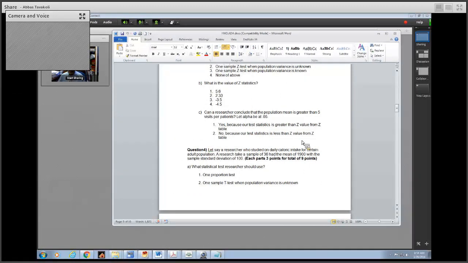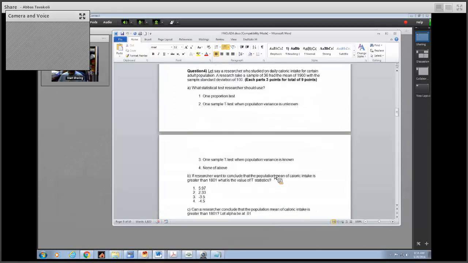Remember, make sure you understand whether it is one side or two side. The keyword is here: if it's directional, you consider it one side. So you're hypothesizing against 5, and your x bar here is 6. So you replace it and calculate the Z, compared to the Z from the Z table.